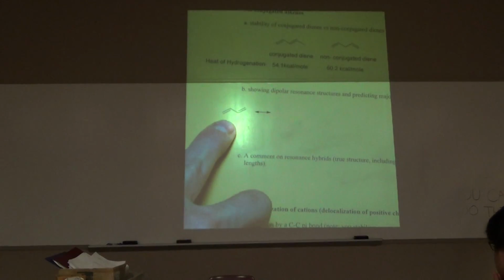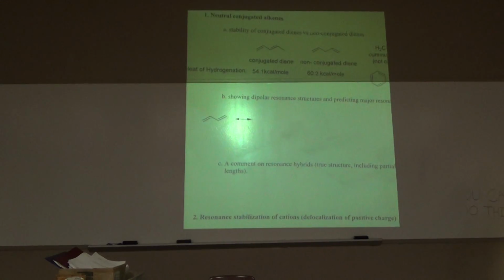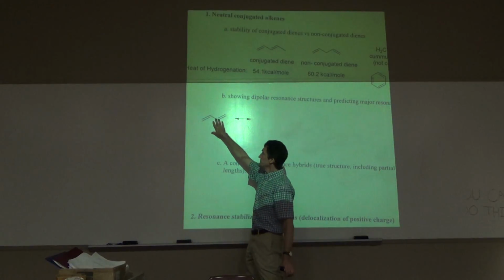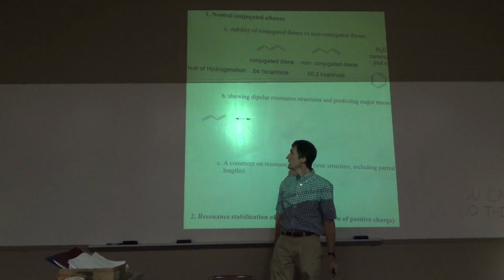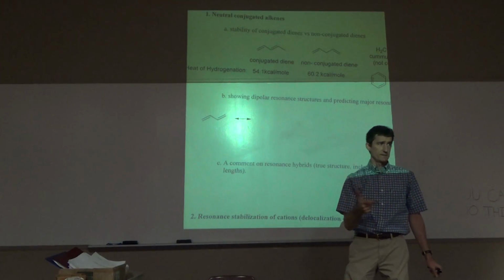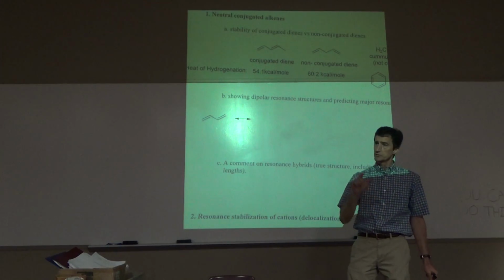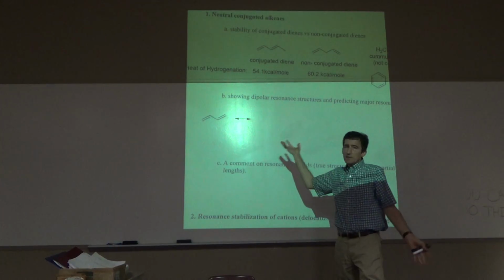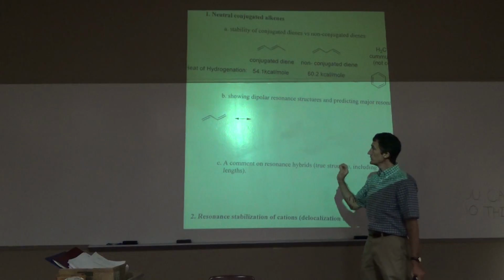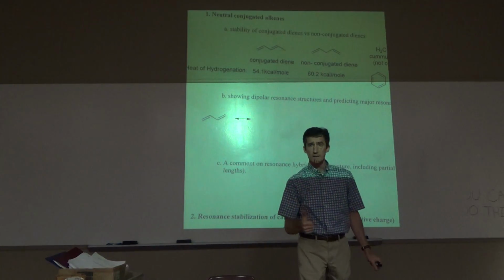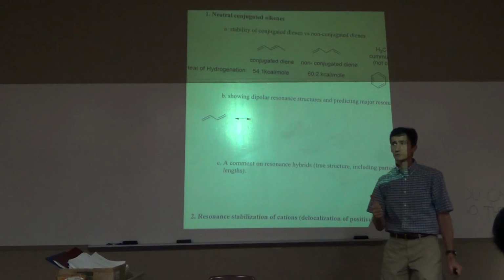I'm actually going to skip this. It's difficult to show resonance of this because, first off, it's easier to show resonance of a cation or an anion. We'll see why. The charge is a place for us to kind of focus in on. You don't have that focus here. Also, if you're going to deal with just a neutral molecule, it's easier to show resonance when you have a heteroatom, like an oxygen or nitrogen.